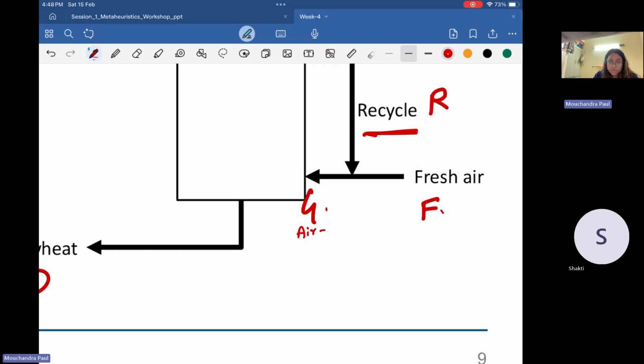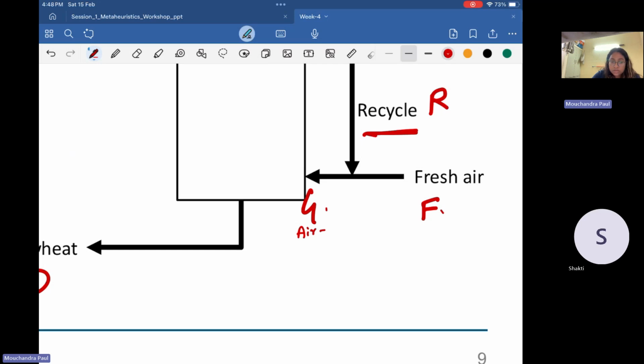The same thing, 29 and 18, will remain the same. What will be the mass? For air, it is 21.373, and for water it will be 4.734.